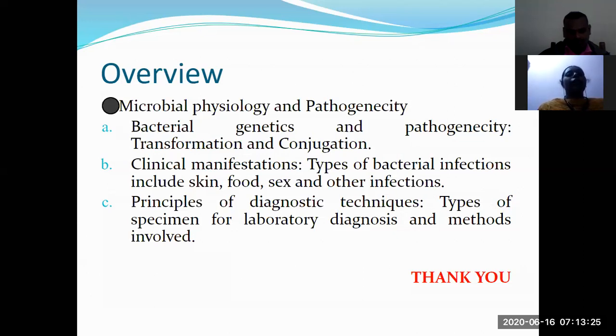It was discovered by 2 experiments: transformation and conjugation. Then we have studied clinical manifestations. Under that, we have studied what is meant by bacterial infections and the types of bacterial infections. It includes skin bacterial infection, foodborne bacterial infection, sexually transmitted bacterial infection, and other infections also.